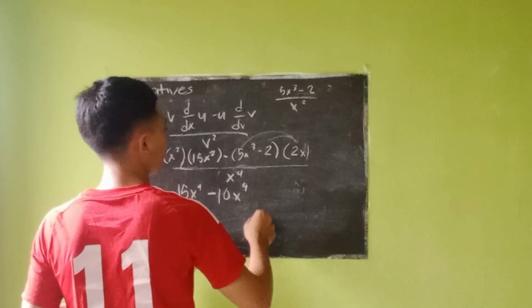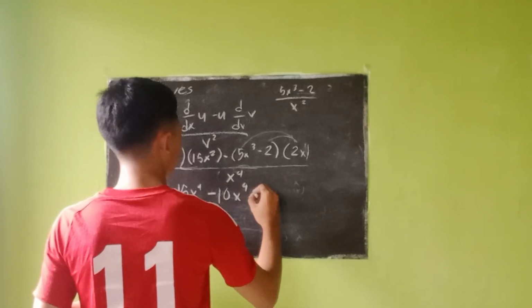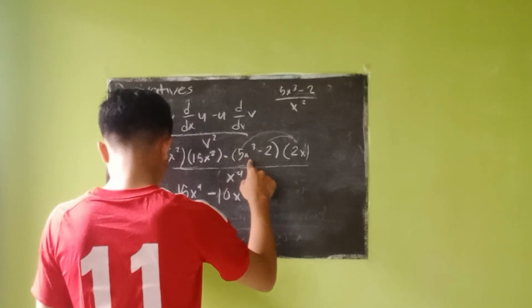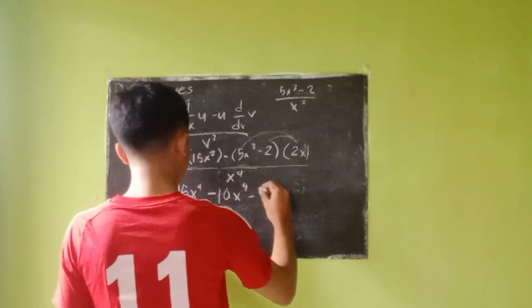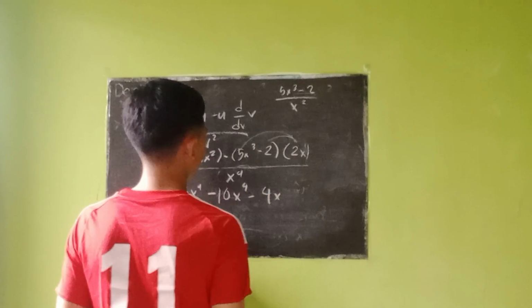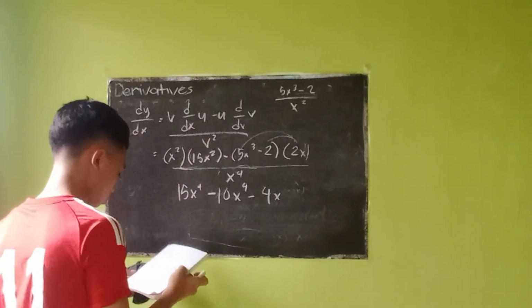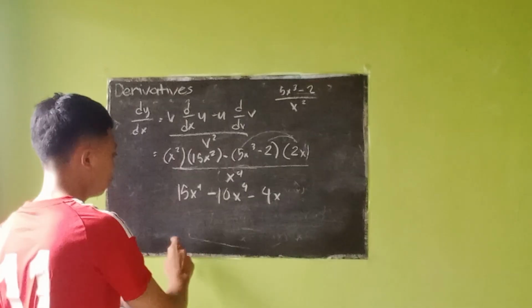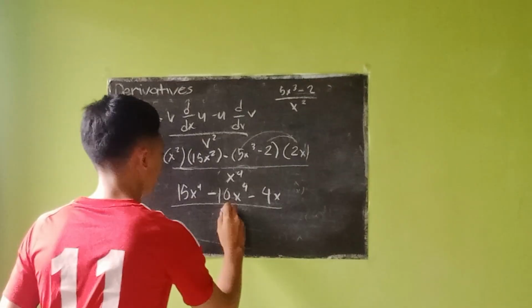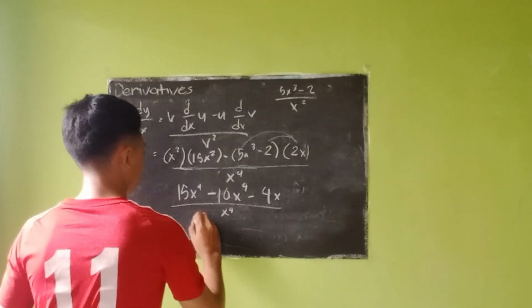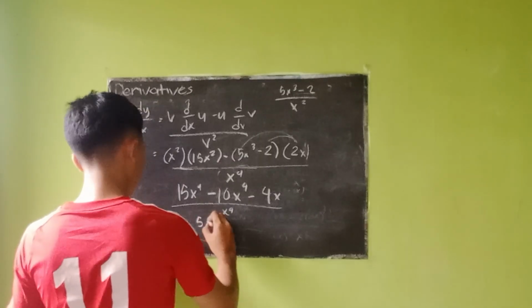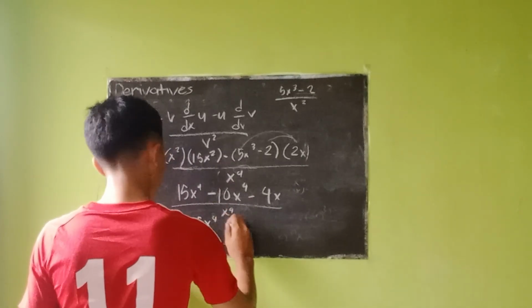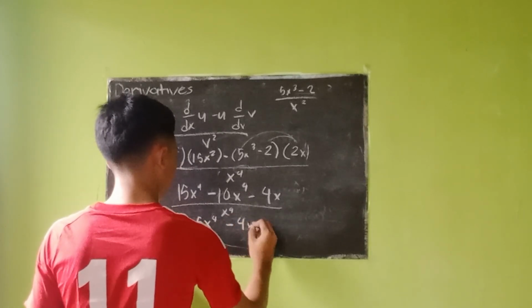So 3 plus 1 is 4. And then we have 4x. After that, we'll have to subtract that one. So that will be 5x raised to the power of 4 minus 4x.